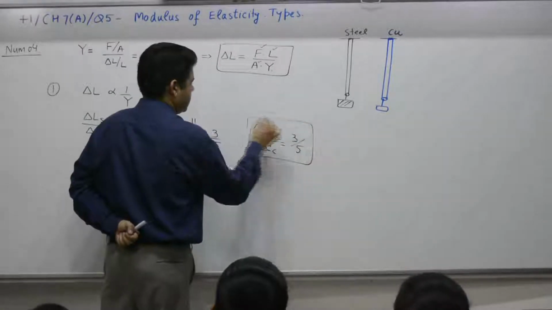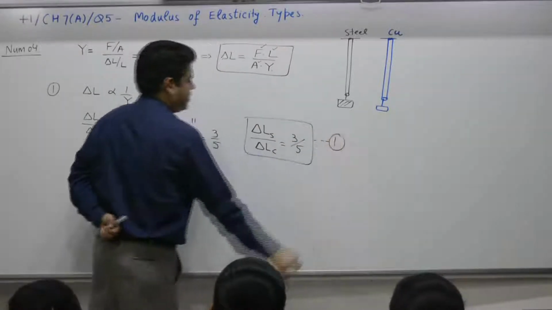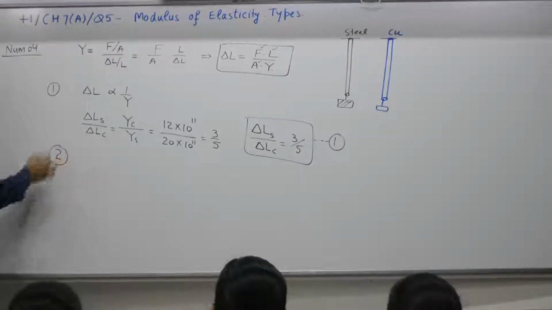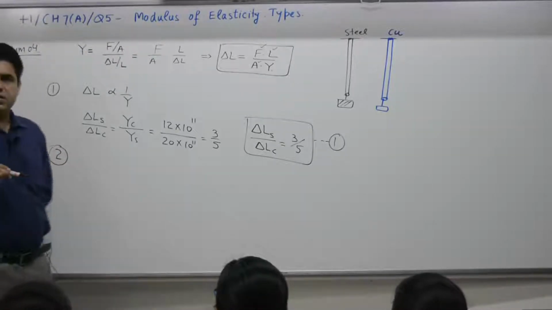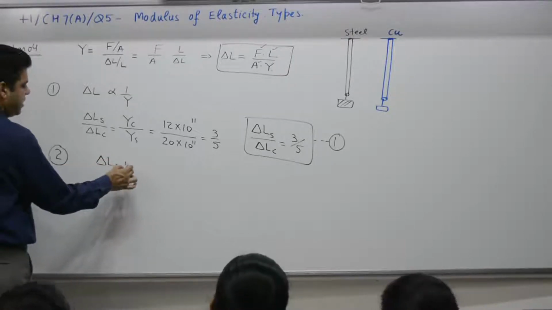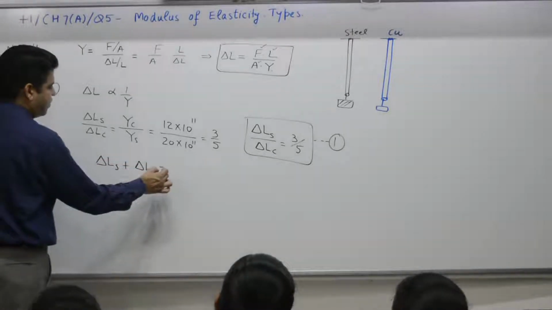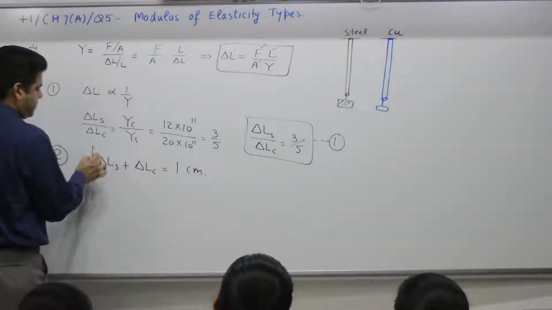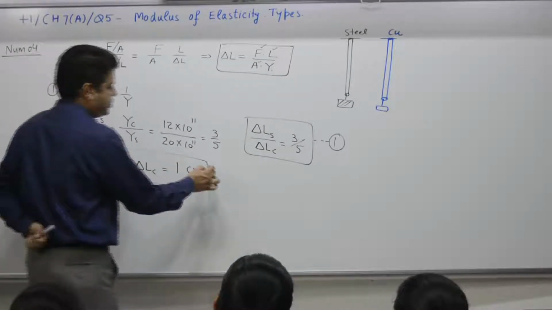What else? Total elongation, increase in length of steel plus increase in length of copper, is 1 centimeter. This is equation number 2.